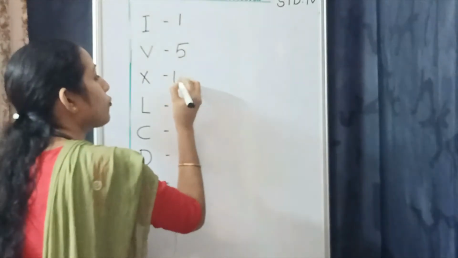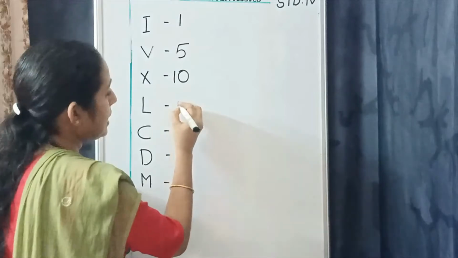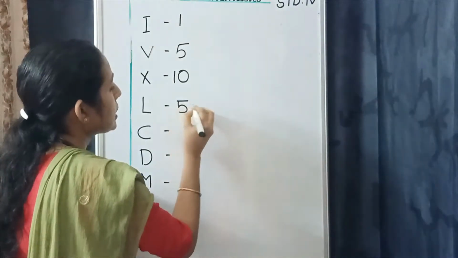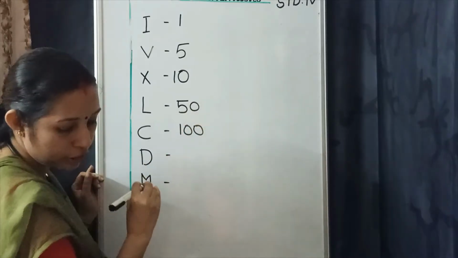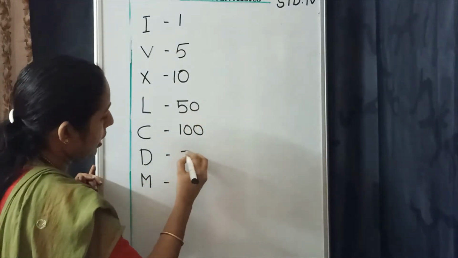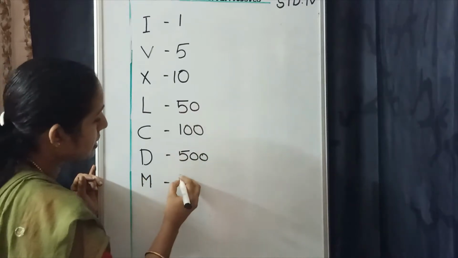The value of X is 10. The value of L is 50. The value of C is 100. The value of D is 500. And the value of M is 1000.